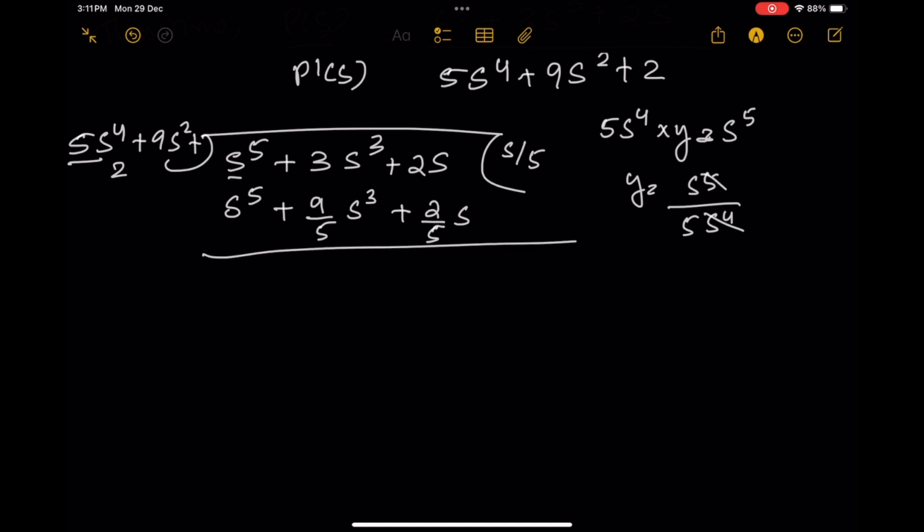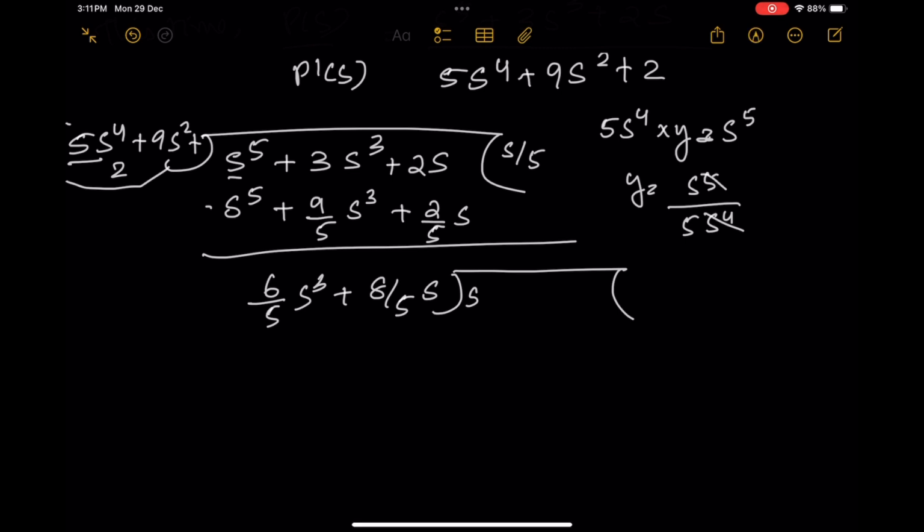Doing subtraction, we'll get the remainder as 6 by 5 s cube plus 8 by 5 s. And inside the bracket we will write the denominator value that we have taken, 5s raised to 4 plus 9s square plus 2.